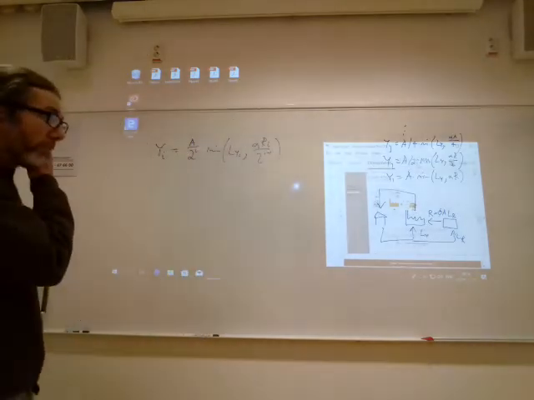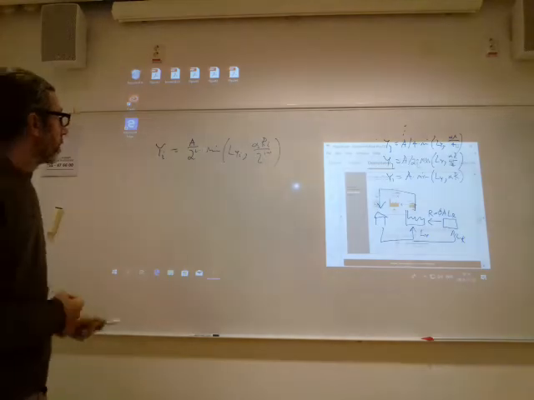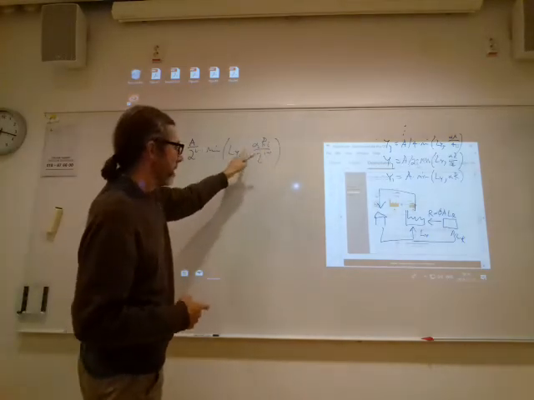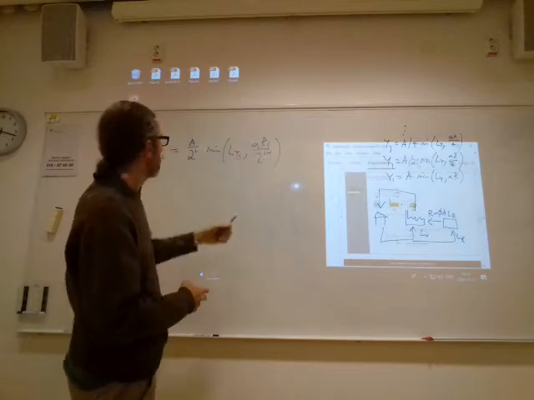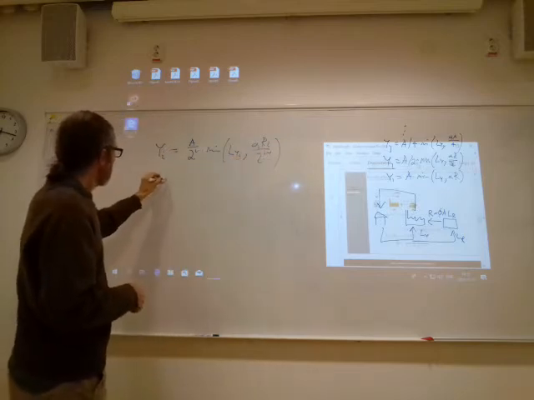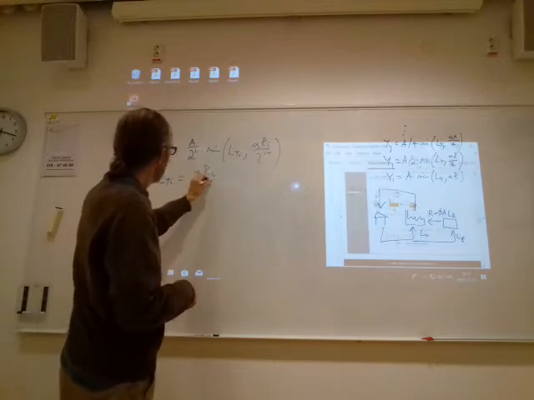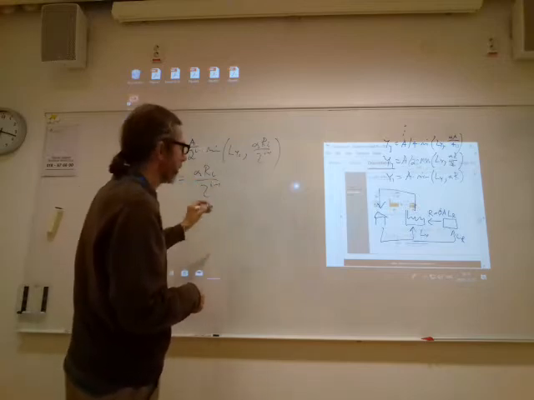We can also say, because it's Leontief, this and this have to be equal. So we've got Lyi is alpha Ri over 2 to the I minus 1.